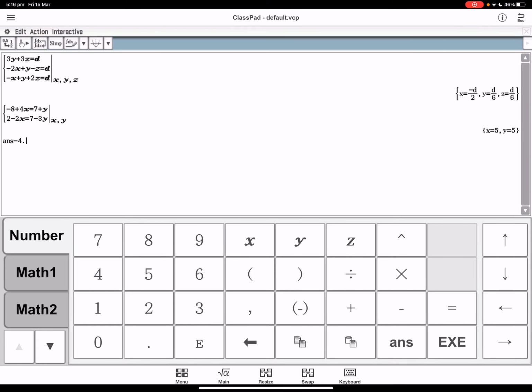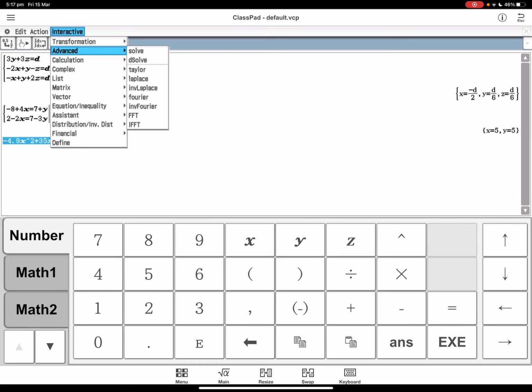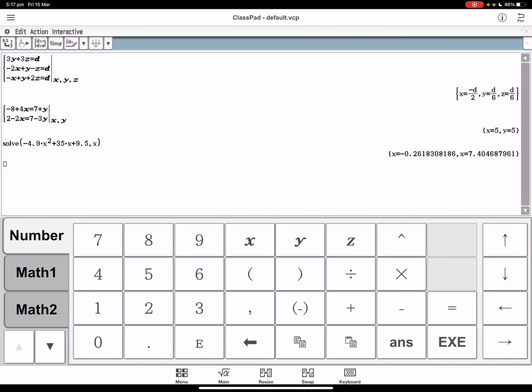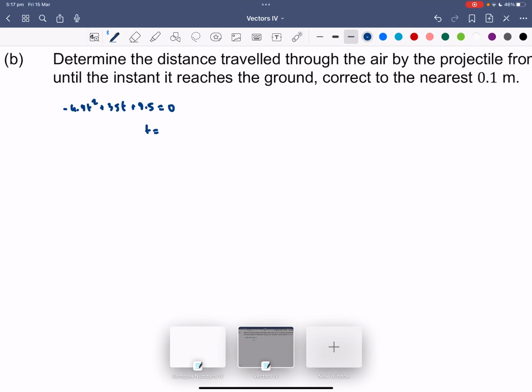So we have minus 4.9x squared plus 35x plus 9.5, and we just solve. Okay, yep, we get 2 values. One of them's negative, one of them's positive. 7.4047. We rejected the negative time, okay?